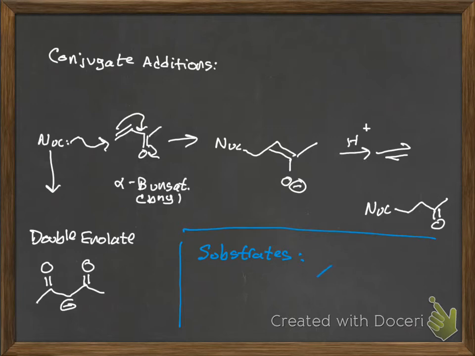Well, alpha-beta unsaturated aldehydes, ketones, esters, amides, and finally these two weird ones. An alpha-beta unsaturated nitrile or an alpha-beta unsaturated nitrate. All of these can be substrates for a conjugate or Michael type addition.